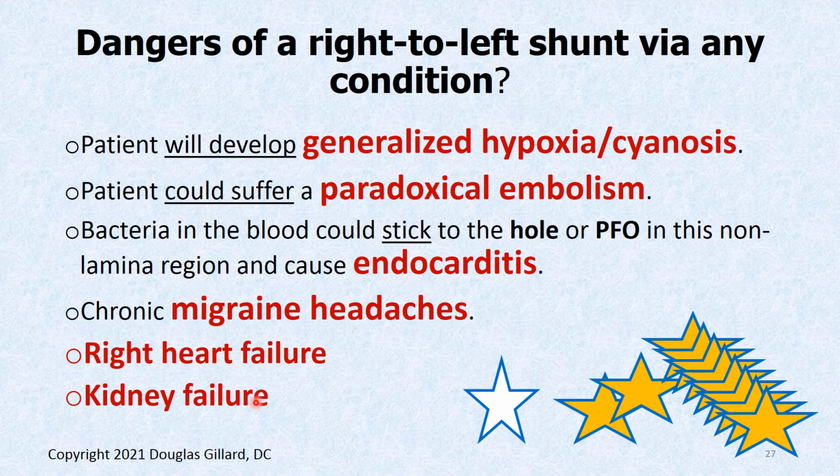What are the dangers of a right to left shunt? Well, we said already, you're going to get a general hypoxia and cyanosis of the body. You could suffer an embolism too. You could suffer a paradoxical embolism. How does that work? Well, if you're unlucky enough to have pulmonary hypertension and leaking a little blood from right to left through your atria, through the PFO, what happens if you get a piece of thrombus that breaks loose?